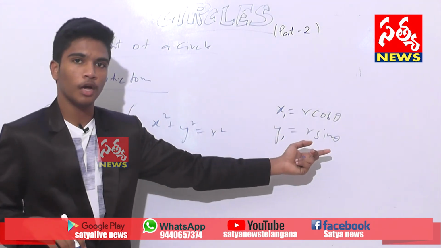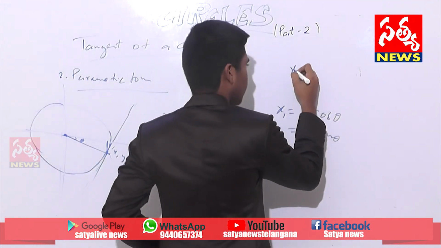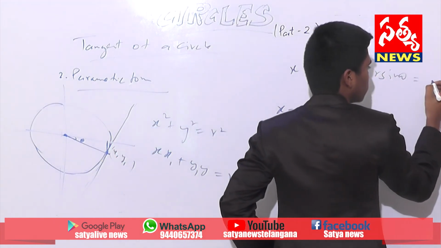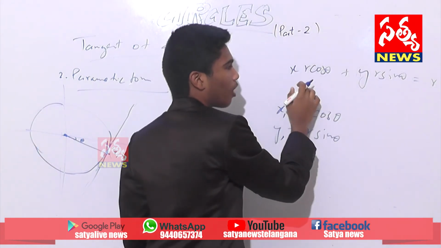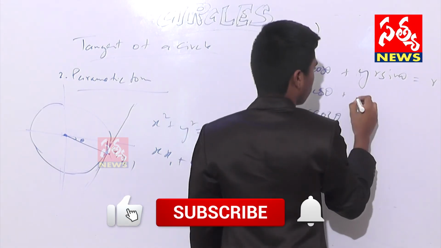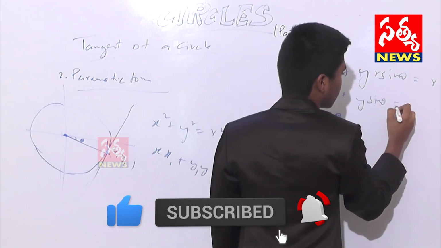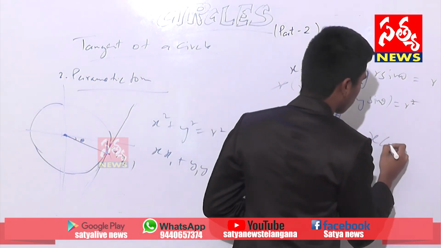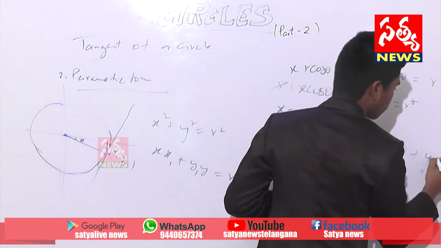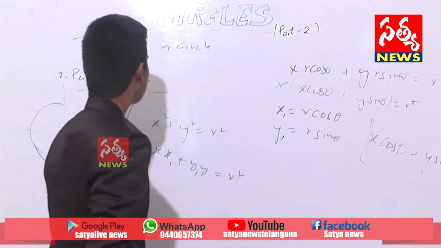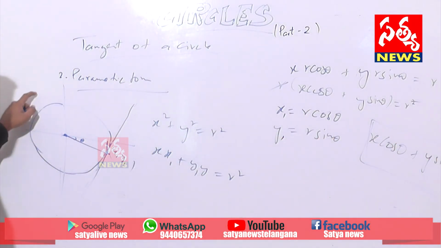In the place of y1, I am going to put r sin theta. x into r cos theta plus y into r sin theta is equal to r square. Bringing r common and cancelling with the right side r square, x cos theta plus y sin theta is equal to r. So this is the parametric form of a tangent of a circle.